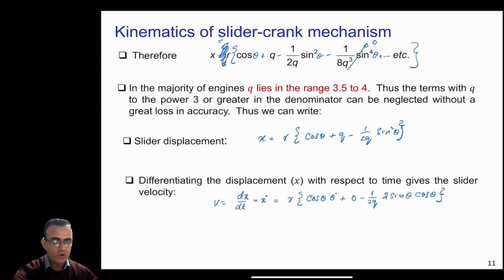And now because we know that theta dot is equal to omega, and theta dot is here and also here, we can take theta dot, which is omega, common, so it will become omega here.